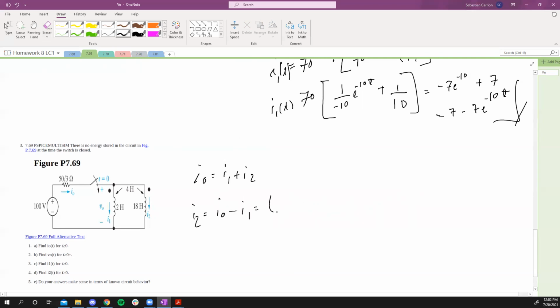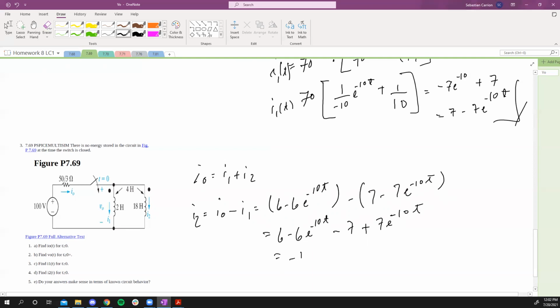So 6 minus 6 e to the negative 10t minus 7 plus 7 e to the negative 10t, which is negative 1 plus e to the negative 10t. That would be the function of I2.